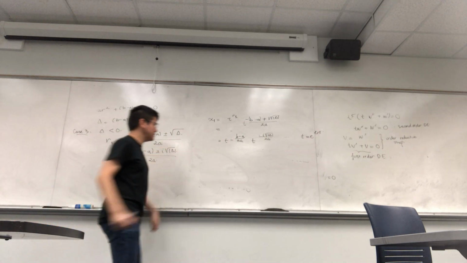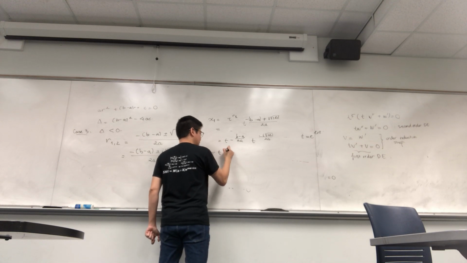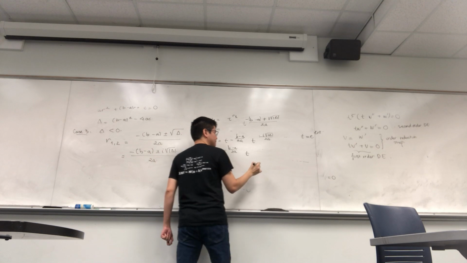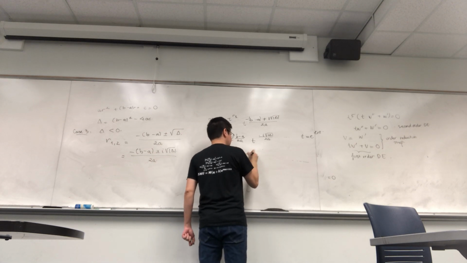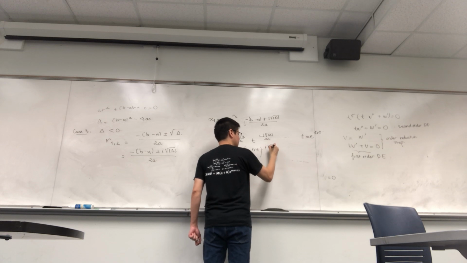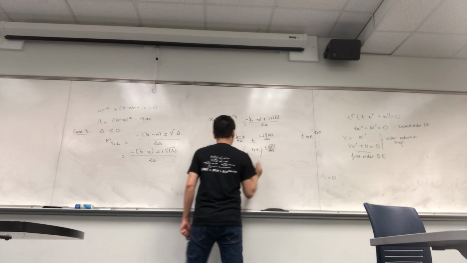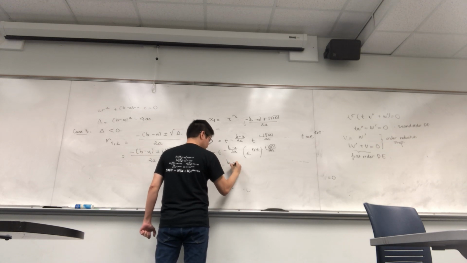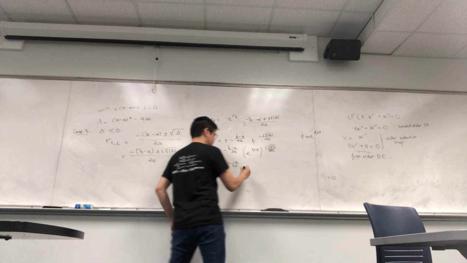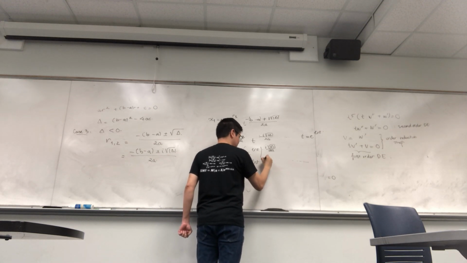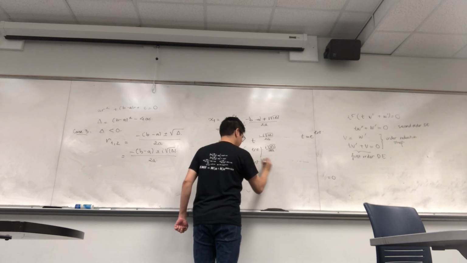So now this part, you're going to write it as t to the minus (b minus a) over 2a times e to the log t times i square root of delta over 2a. So this is t to the minus (b minus a) over 2a, e to the i log t square root of delta over 2a.